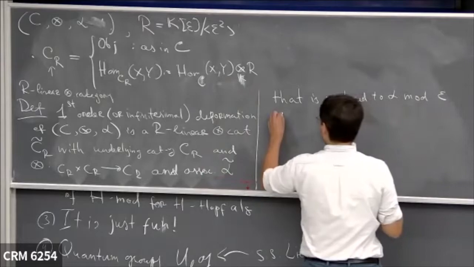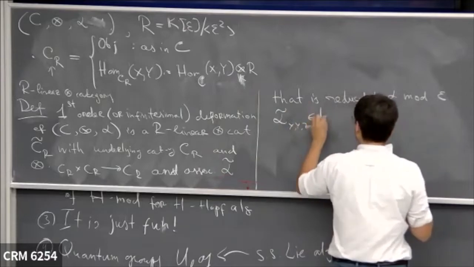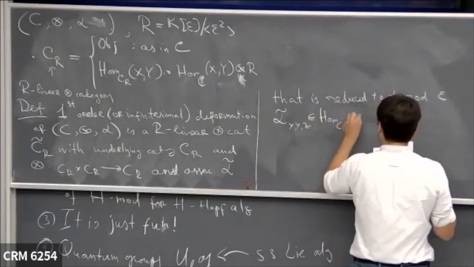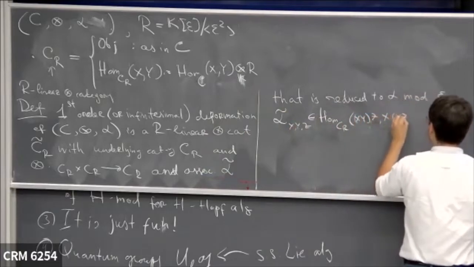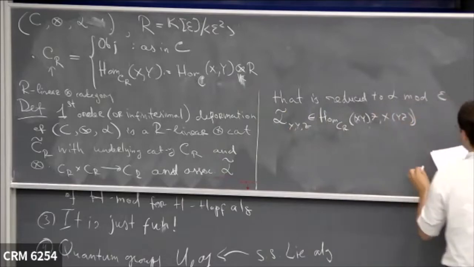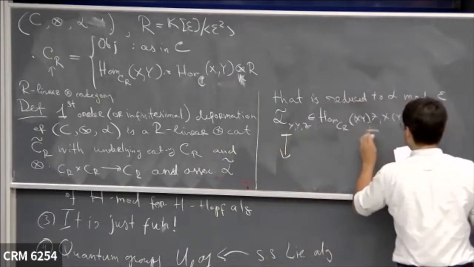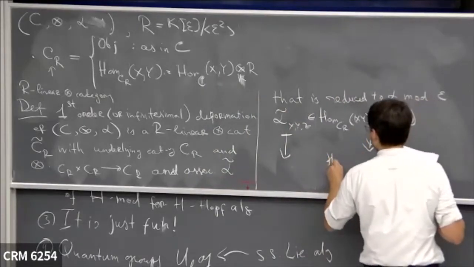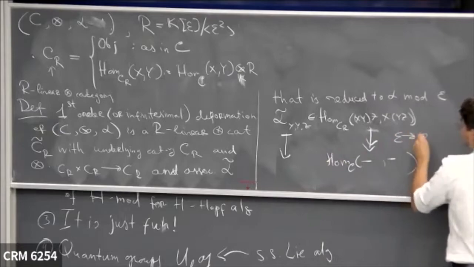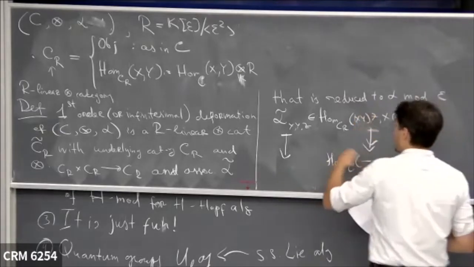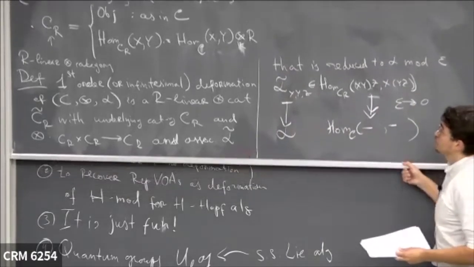In other words, for every x, y, z, alpha twiddle x, y, z lives in Hom in C_R from x, y, z to x, y, z. There is a surjective projection map to the original Hom in C, just sending epsilon to 0. Under this map, alpha twiddle should go to alpha. This is a formal definition of infinitesimal deformations.